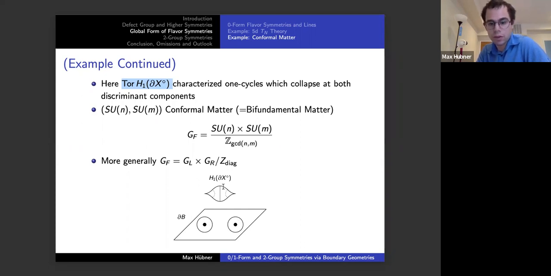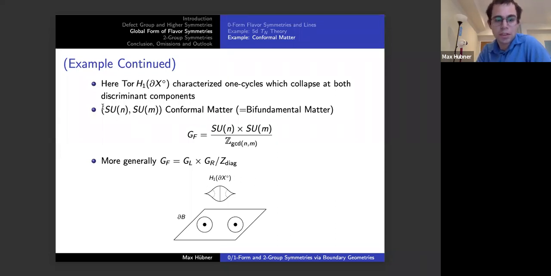This gives me this compact 2 cycle up here in the fiber. Now that I've excised these local neighborhoods, I've also cut open this 2 cycle, and all that remains of it is this equatorial 1 cycle, which is exactly the one captured by H1 of the boundary.